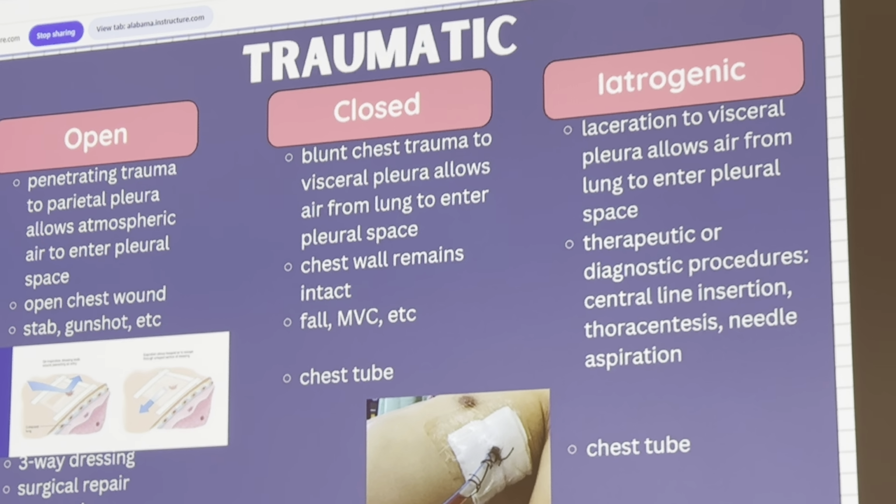It has caused a separation of that parietal space, and now it's introducing air into that intrathoracic cavity. But I don't have an open, gushing type of wound with that. It's a closed type injury. So if it's a closed injury, this 3-way dressing is not going to matter because there's nowhere for that air to escape, because there's no open source hole. With that, the main thing I'm going to worry about is chest tube placement.